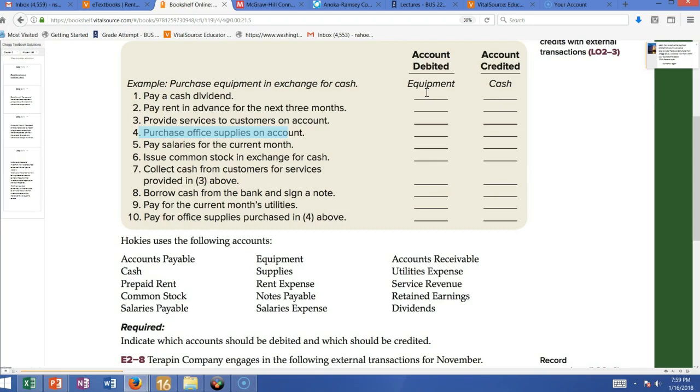Number 4, purchase office supplies on account. Take 10 seconds and write down what you think it's going to be. Also look at 5. Write down what you think it's going to be.